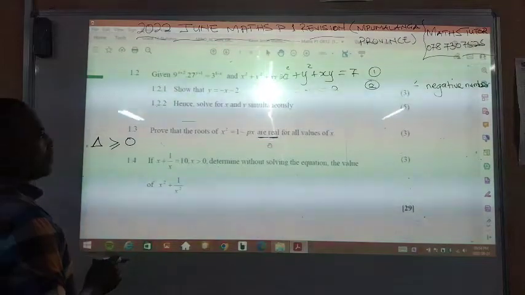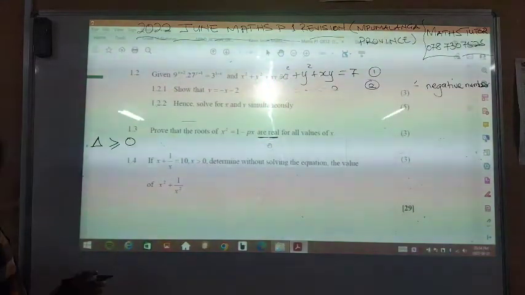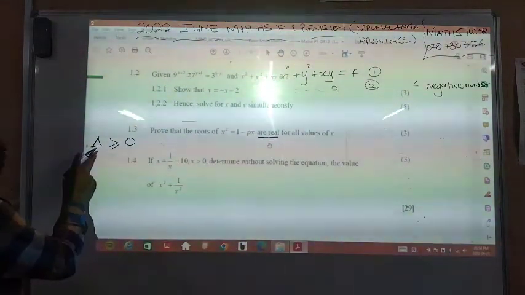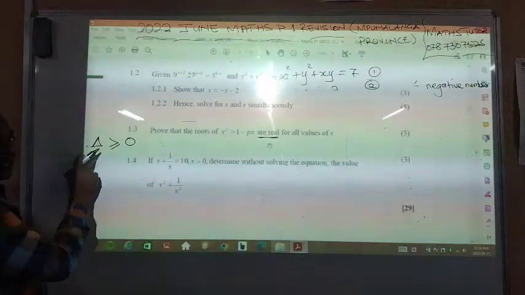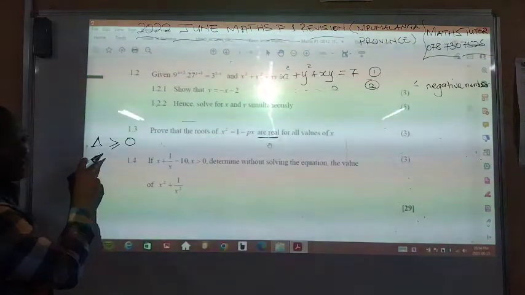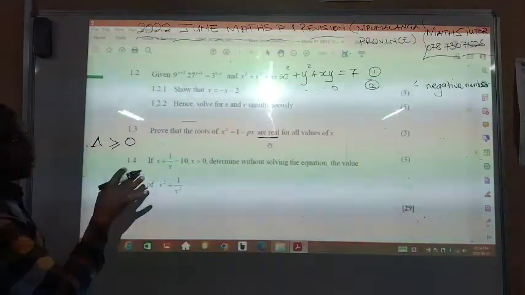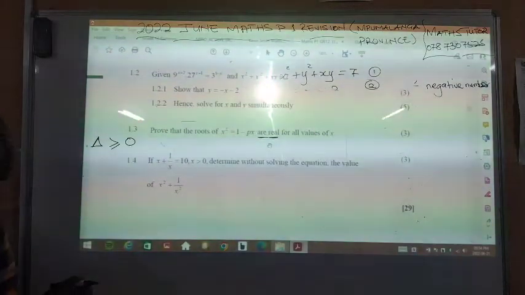So what we are simply going to do is to check that this delta is really greater or equal to 0 for all values of p.